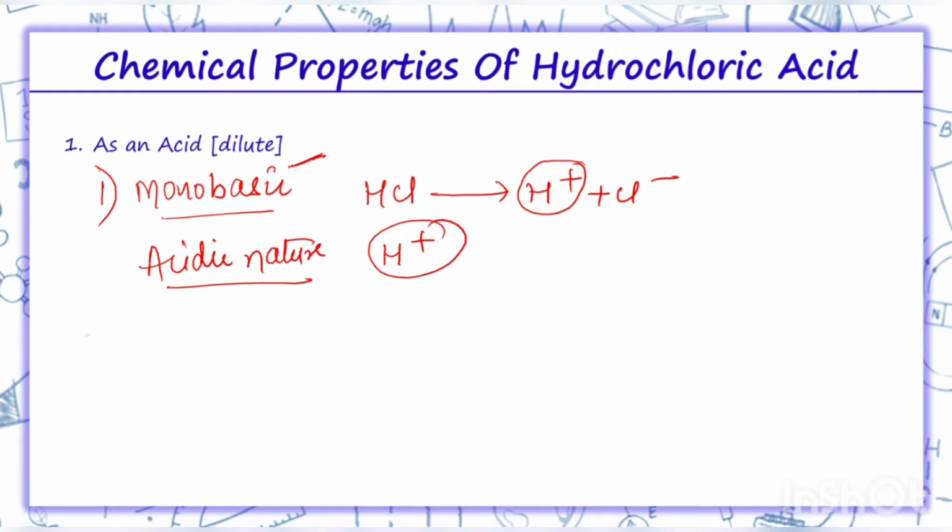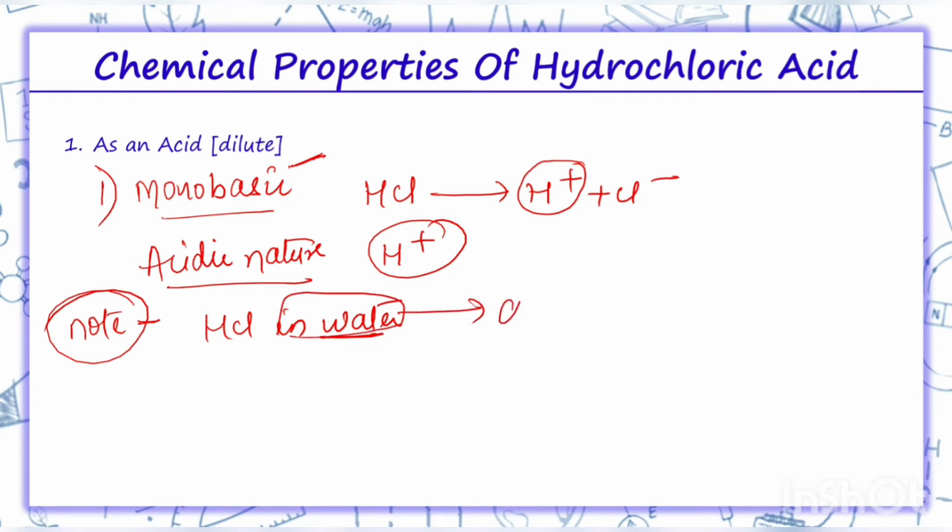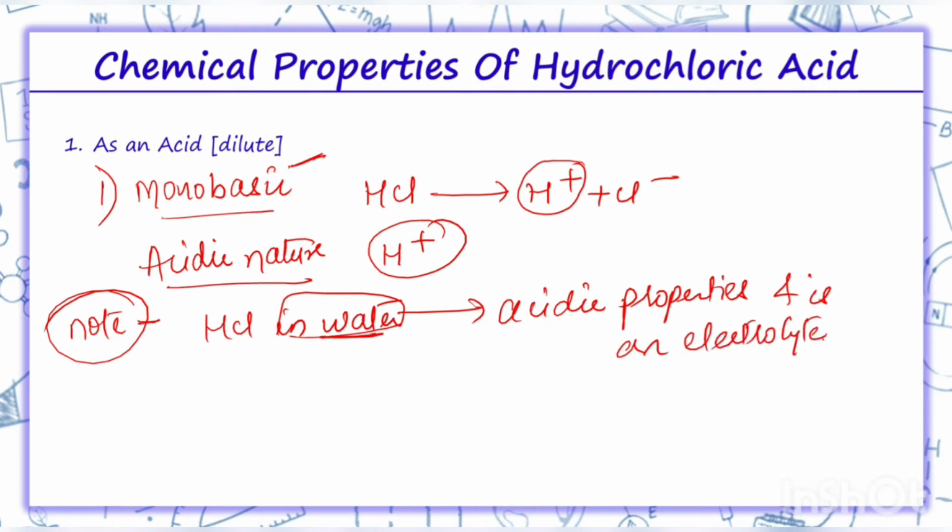Now the main point to note is the solution of HCl in water. Water is a polar solvent. It ionizes HCl molecules into free ions. So therefore HCl in water exhibits acidic property and it is an electrolyte because it is ionizing into its ions.